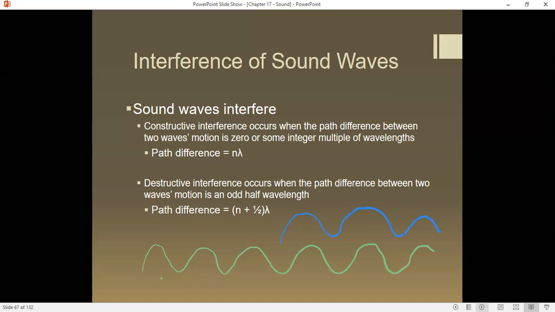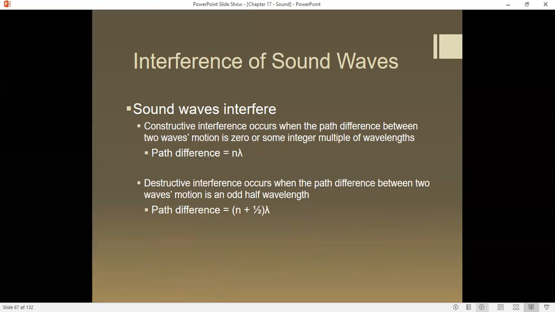What I'm trying to say is both will be in phase. Notice I have 3 more wavelengths over here, so my path difference is 3 wavelengths more, 1 peak, 1 peak, 1 peak, but yet both are still in phase.